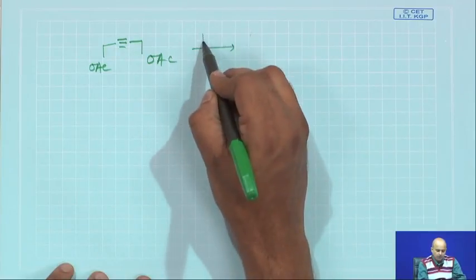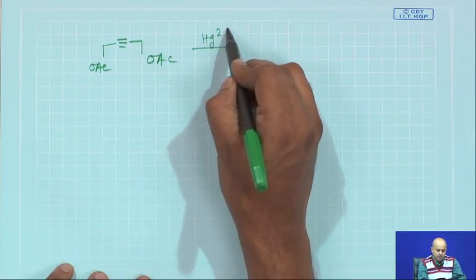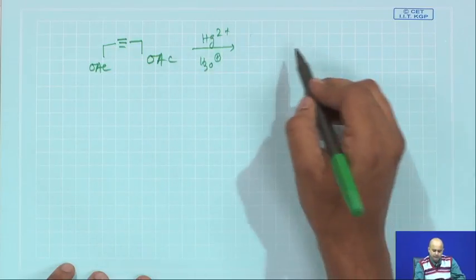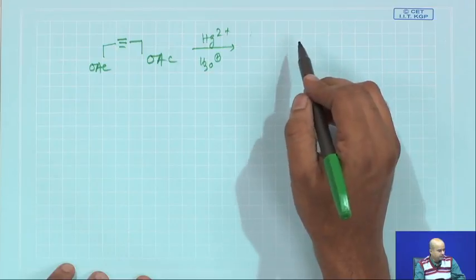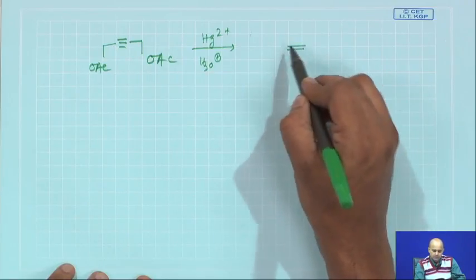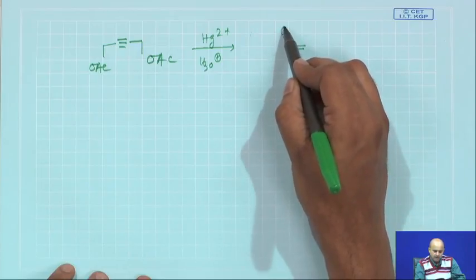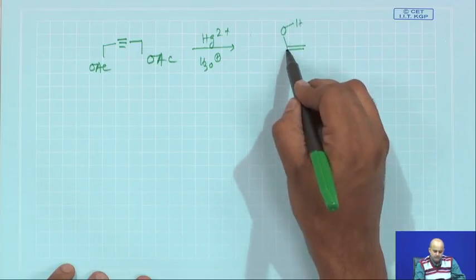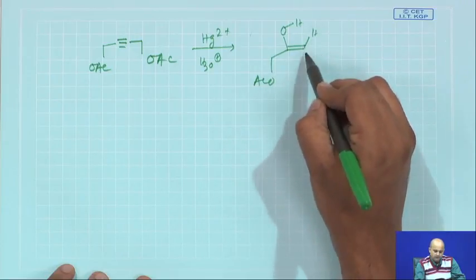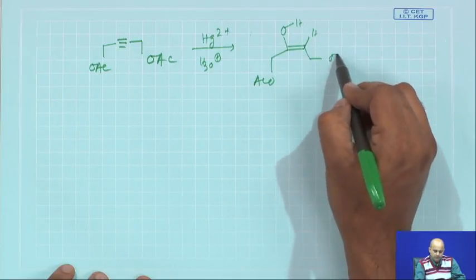Alkyne you all know, if you react with Hg2+ in acidic medium, hydration of alkyne takes place to basically give you the Markovnikov product. So, you will have a symmetrical alkyne. So, you are having this OH, CH2, C=O, hydrogen attacks here, having a CH2OAc.